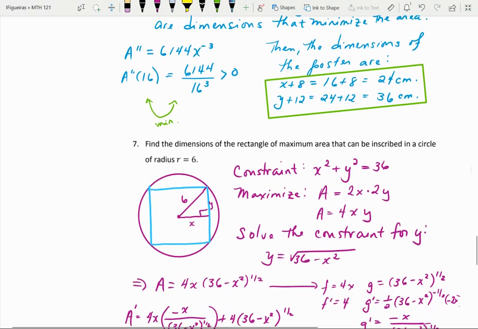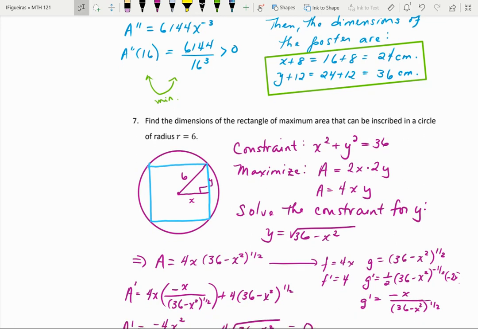Okay, here's one more. This is regarding a rectangle inscribed inside of a circle. We want to find the dimensions of the rectangle of maximum area that can be inscribed in a circle of radius 6. Okay, so we have to use that information in order to come up with a constraint and an equation that we need to maximize that makes sense in terms of the information that you're told.